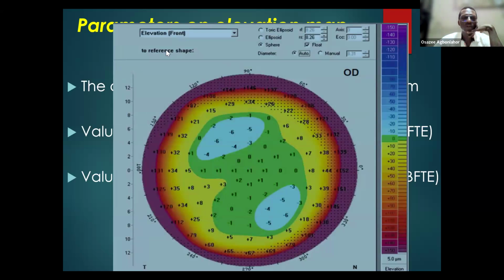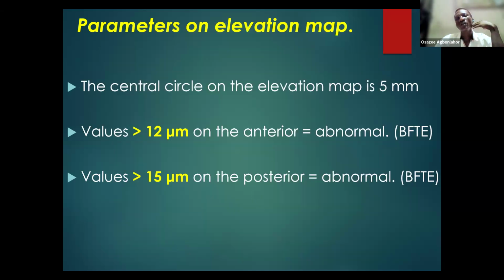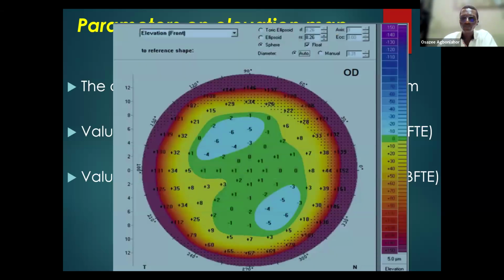So you can see in this photo here that this is the elevation front. So this is the front or the anterior cornea, and it gives you that information. And we said that values greater than 12 microns are abnormal using the BFTE reference, while for the posterior, greater than 15 microns is abnormal using the BFTE reference.